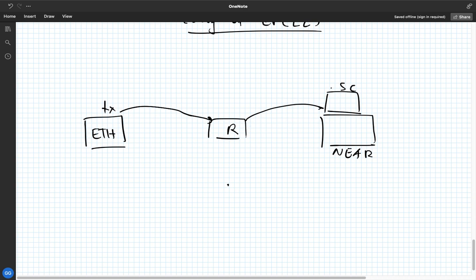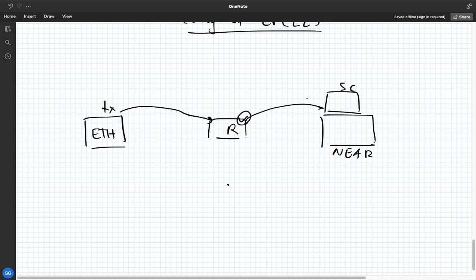And the only guarantee that this smart contract has about the validity of this transaction is that the relay has signed it. And in this situation, obviously, we are dependent on the relay. Now, in our protocol, we remove the security dependency on this relay, and let us see how we do that.